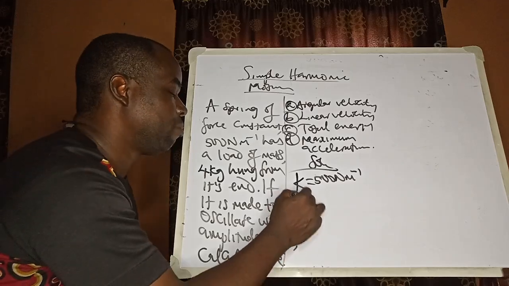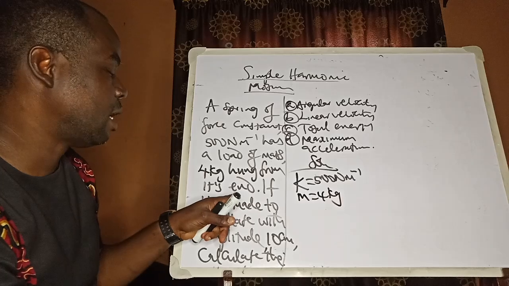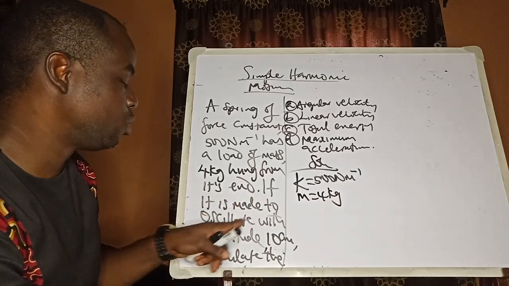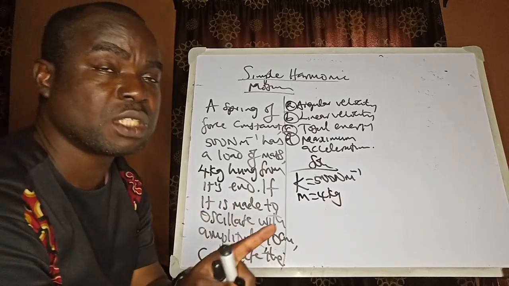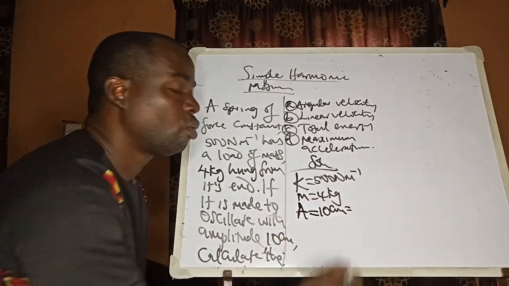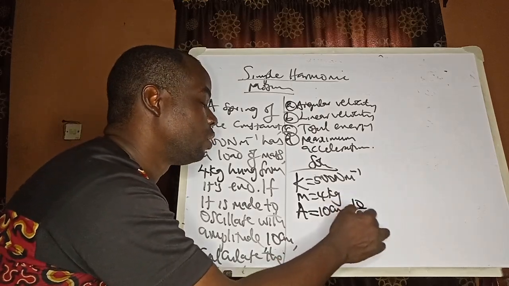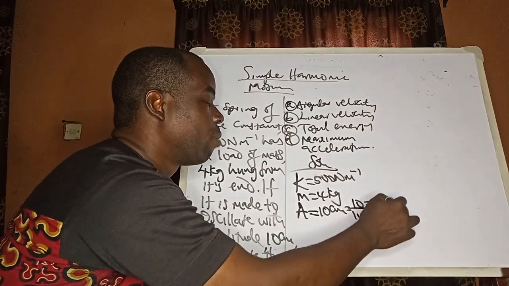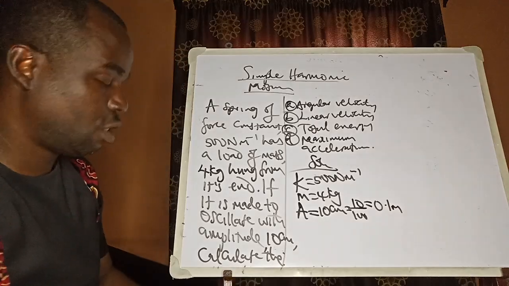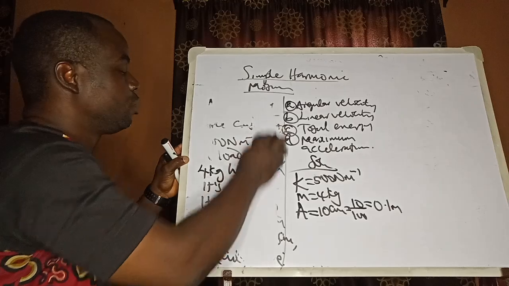Load mass is M, hung from its end. If it is made to oscillate with amplitude 10 cm, amplitude is capital A, so we have capital A is 10 cm. I told you that anything in cm, change it to meters. So 10 over 100 is 0.1 meter. And then I have to clean this so that we do our calculations here.